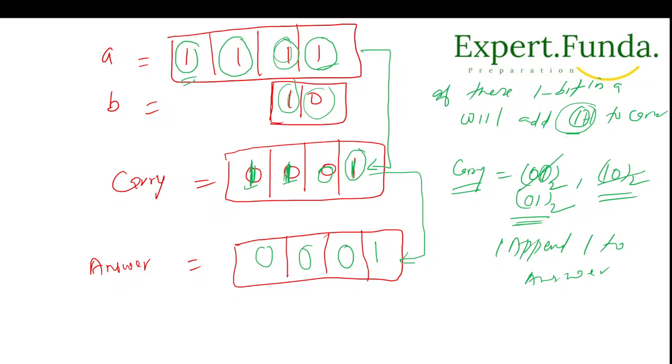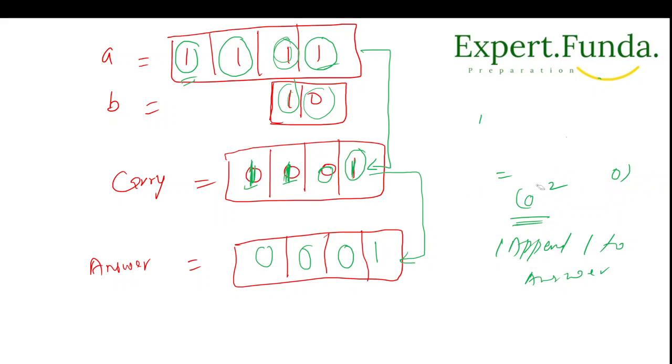So in this way, let me clear everything so we will understand. I am trying to say we have A and B each time, and we check the A and B values.